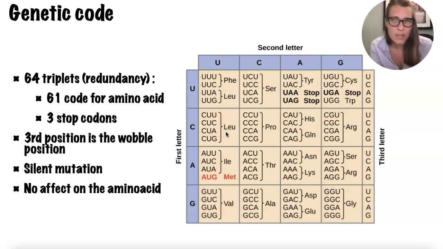So that's the first thing that I want you to pay attention to: the fact that we have 64 triplets and 20 amino acids, meaning that some triplets code for the same amino acid, and that is good, right? It's not going to affect our amino acid. The other thing that I want to point out is that not every triplet codes for an amino acid.